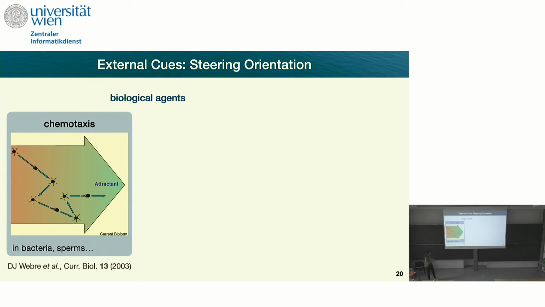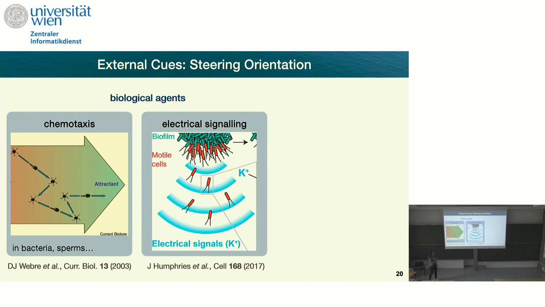So there's a preferred direction of motion. Similarly, when many cells respond to chemicals or to signals that are emitted by other cells, that can also tune their tumbling behavior. And so there's another change of orientation due to an external field.